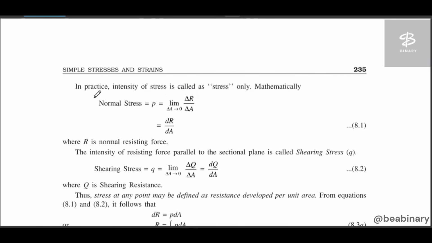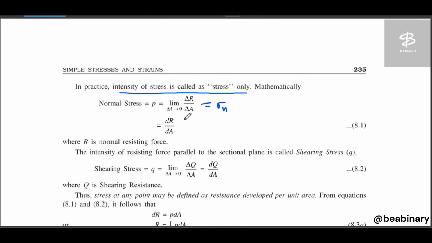In practice, intensity of stress is called stress only. Mathematically, normal stress sigma n is equal to the limit, as delta A tends to zero, of delta R upon delta A, which is dR upon dA. Here R is the normal resisting force, so dR upon dA means dP upon dA.